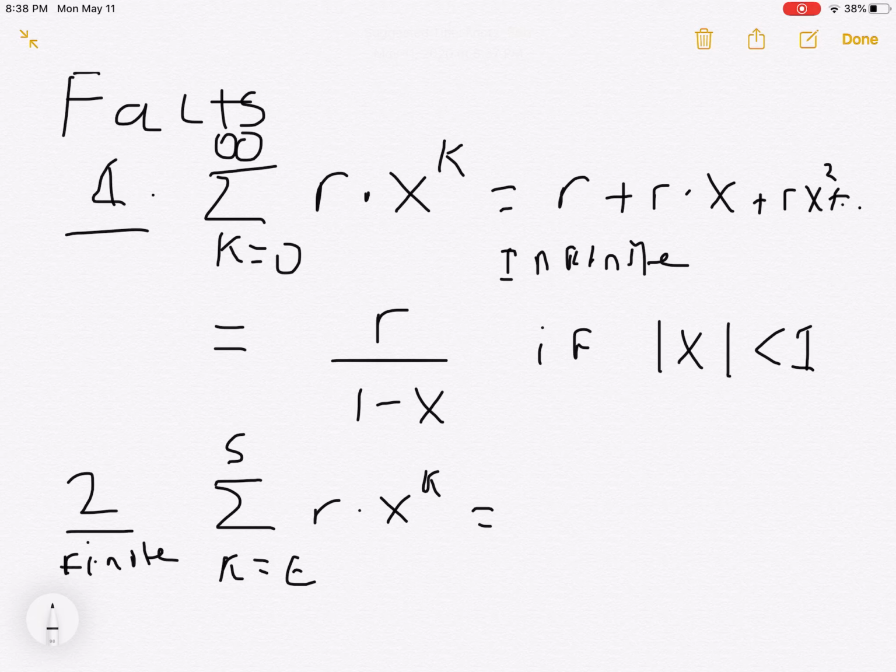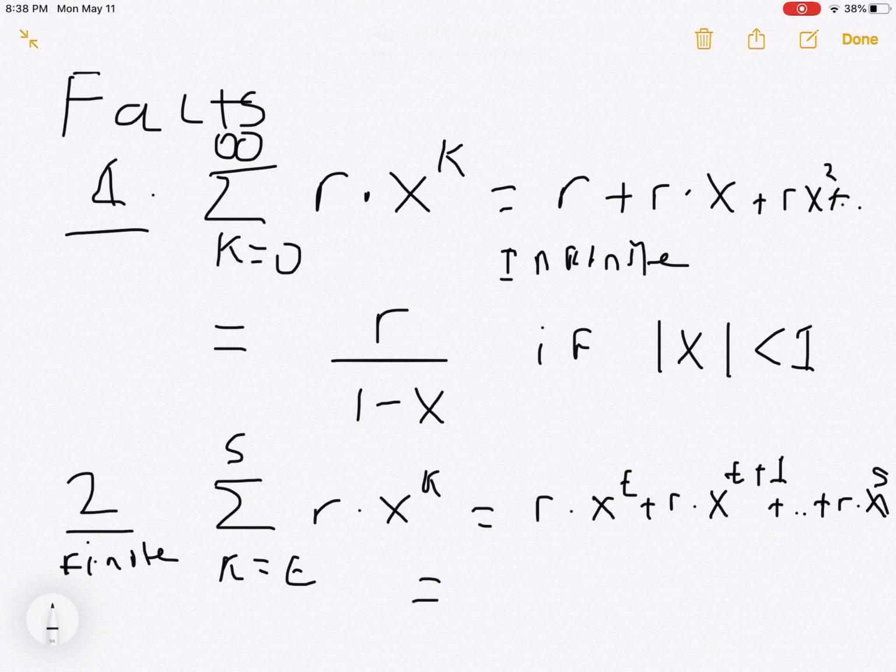Okay, this is going to be r times x to the t plus r times x to the t plus 1, and it keeps going all the way down to r times x to the s.